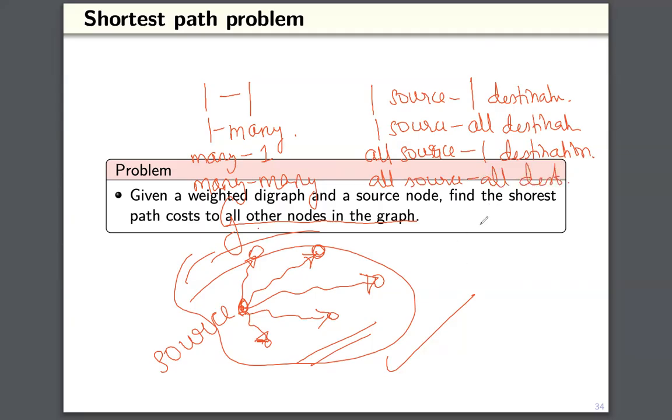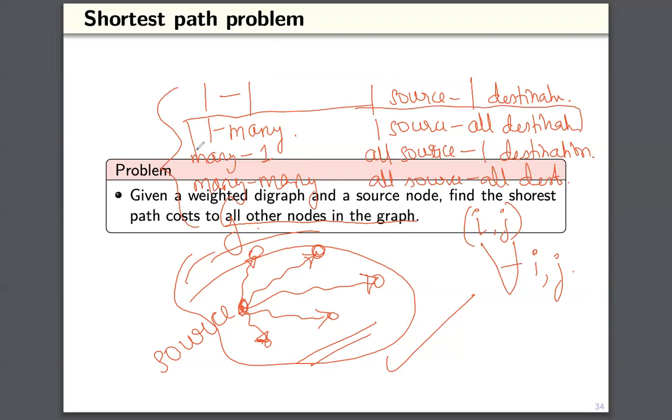That means you want the shortest path from i to j for all i, j. So that is the many to many version of shortest path. See, there are multiple versions here. And here we are focusing on one to many, right? One source vertex, all destination points.